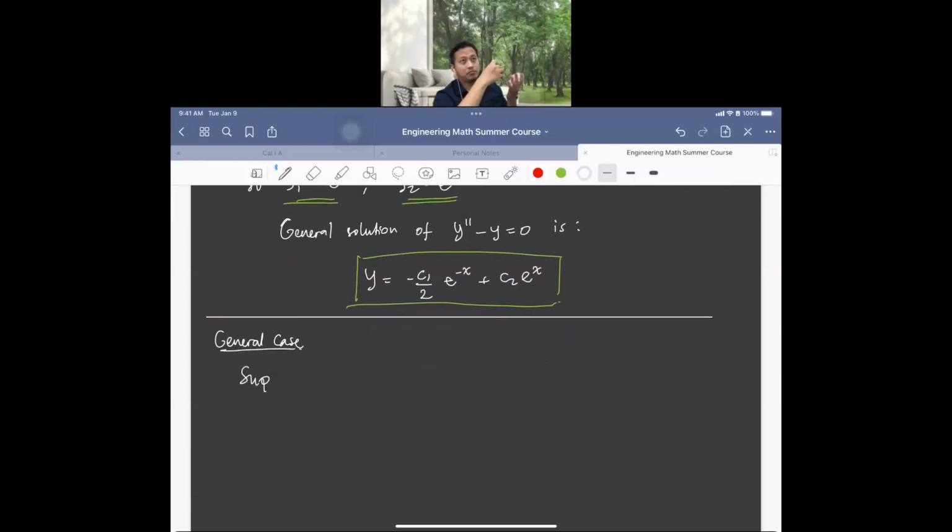So let me go through the general case. Okay, how to find the second solution.